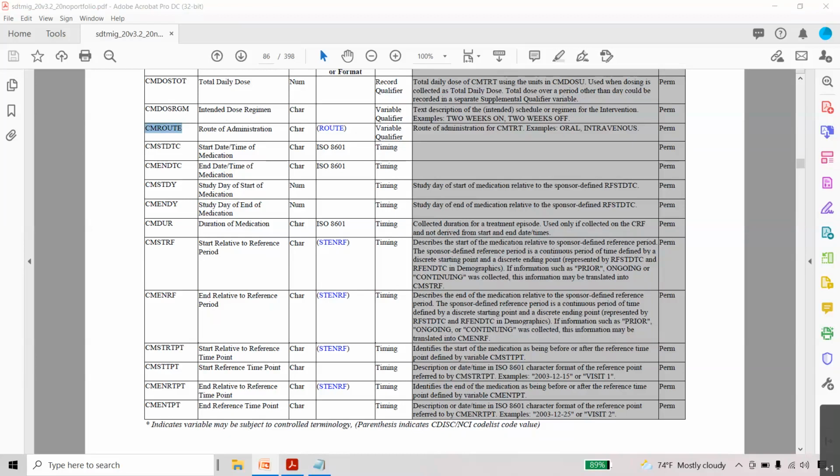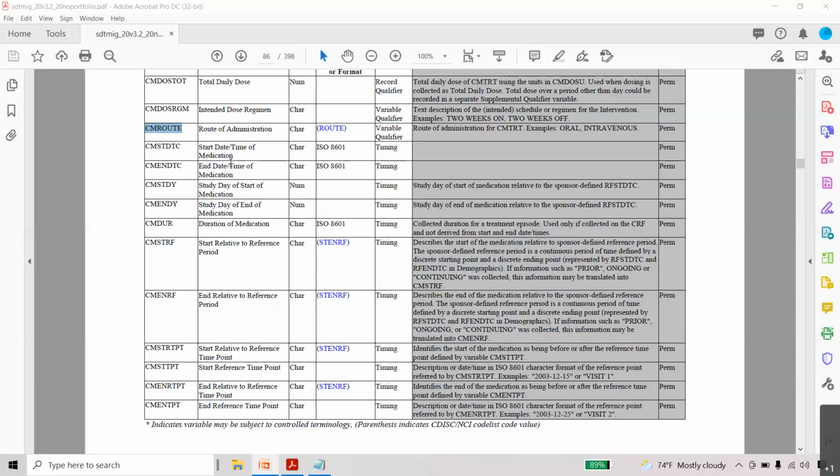So these are some routes of administration. If the study team wants to see this information, it is also collected during the study.